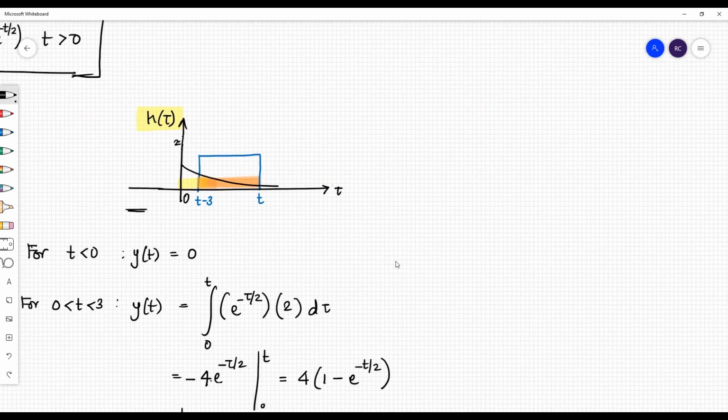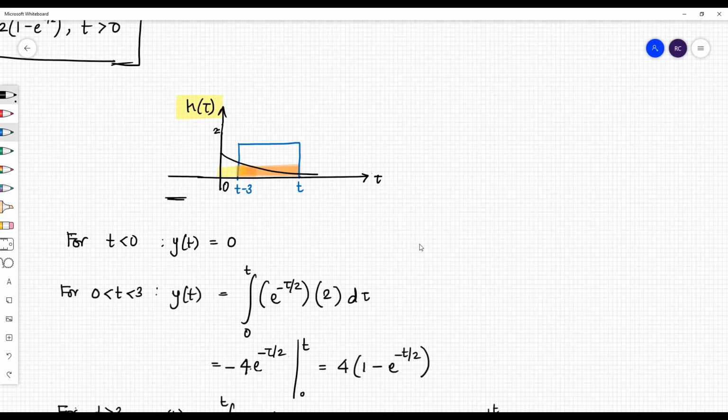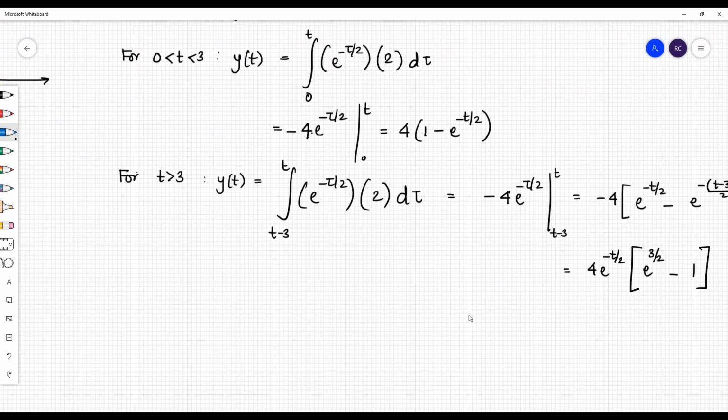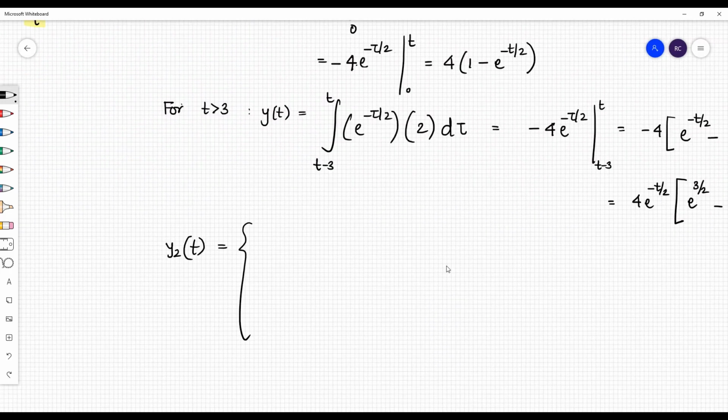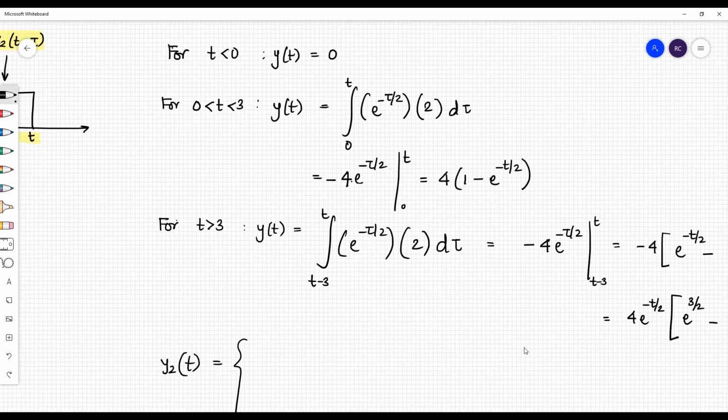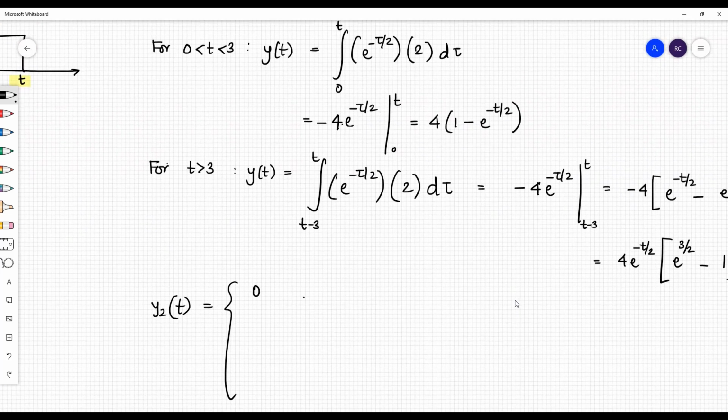And is there any other case left? No. Now that x(t minus tau) can go on moving, there will be no change in limits. The overlap will always be between t minus 3 and t. Right? So how do I summarize the solution? y2(t) is 0 for t less than 0.